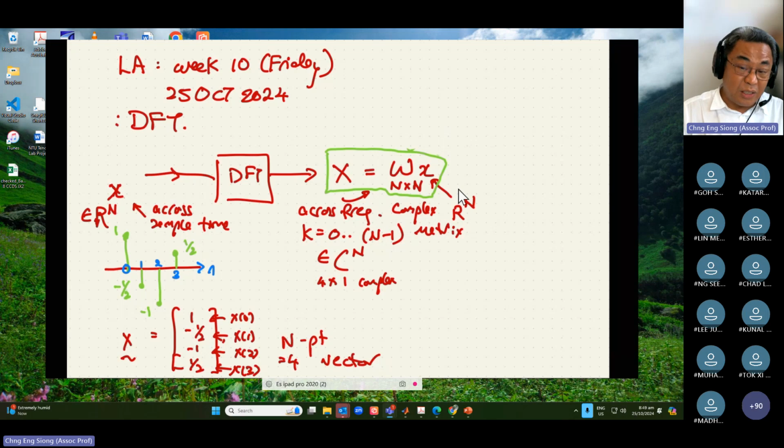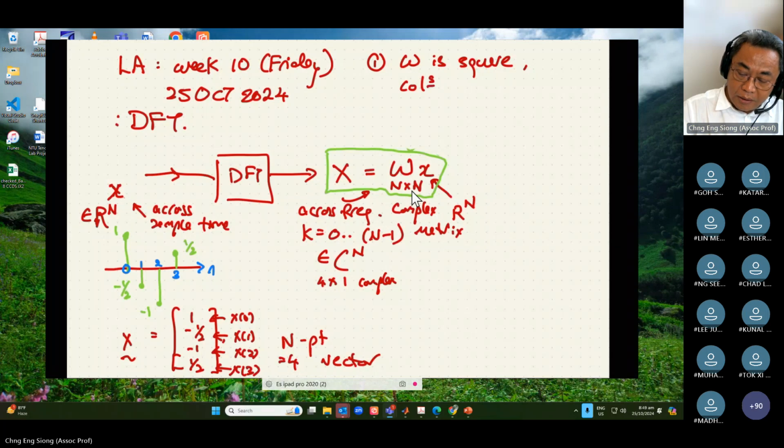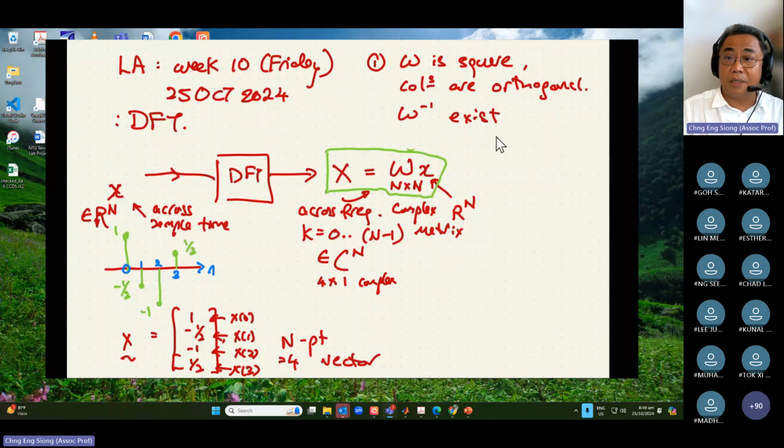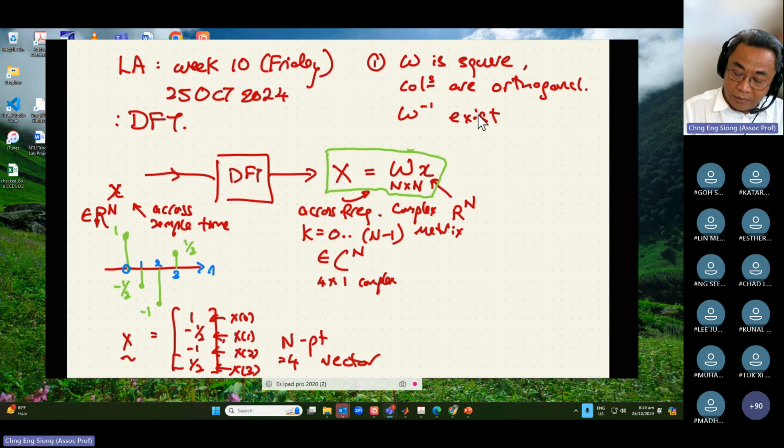Okay, let's do the simple one first. W is square, right? N by N. Its columns are orthogonal. Oh, that's nice. And W inverse exists, because since its columns are orthogonal, it is full rank.